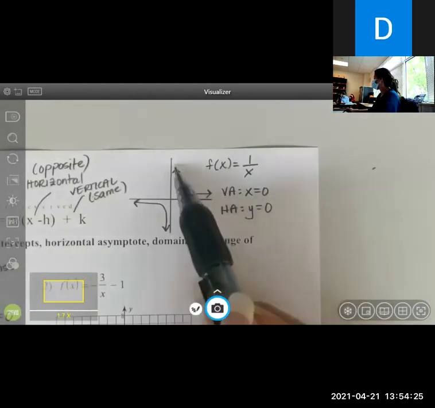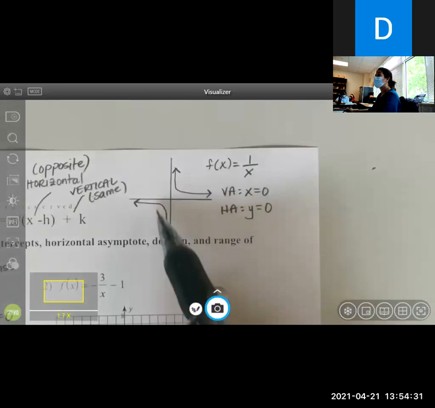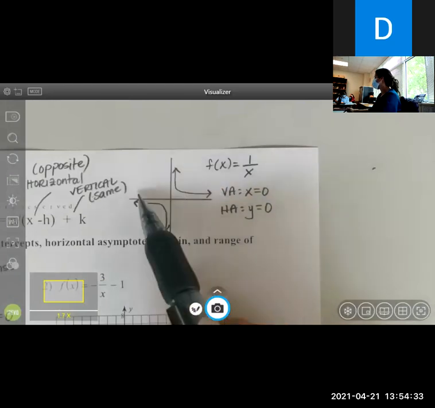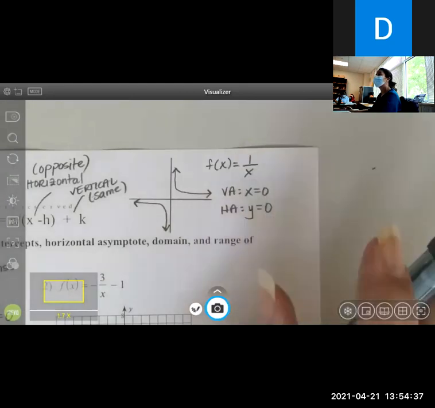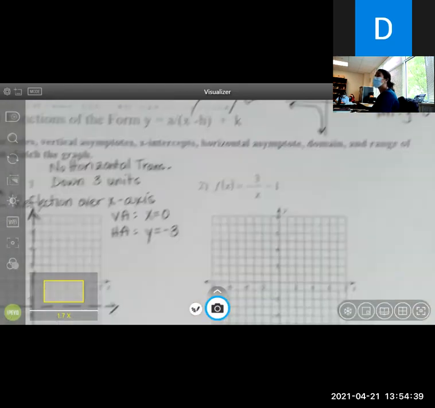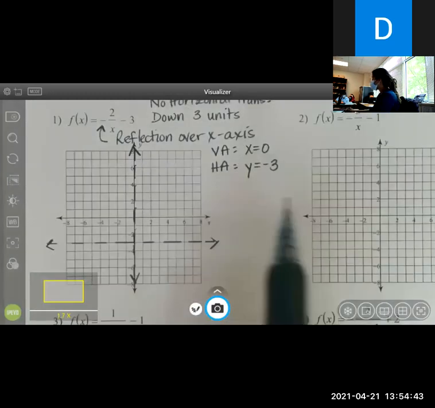This curve right here will be graphed down here in the 4th quadrant. This curve right here will be graphed up here in the 2nd quadrant. So this one goes up, this one goes down. That's all the reflection means, okay? So the curves are just going to change sides. So keep that in mind as we get ready to sketch soon, okay?